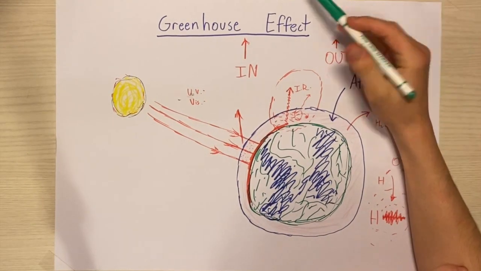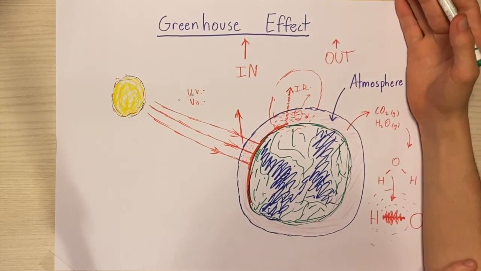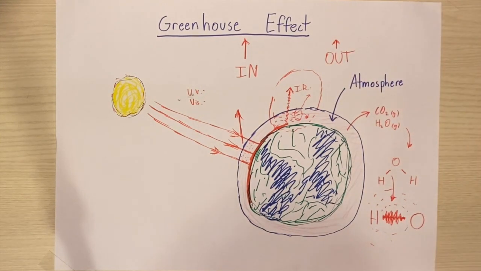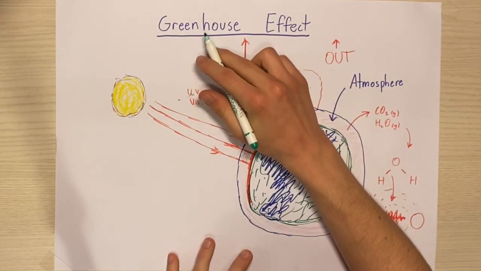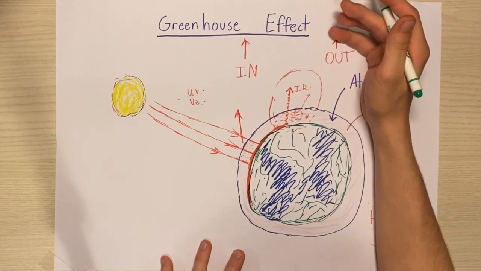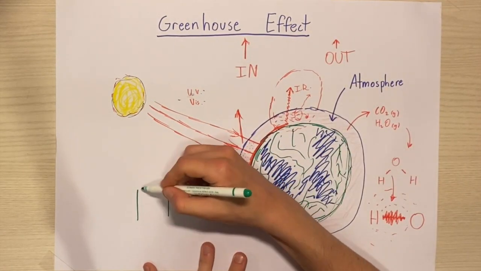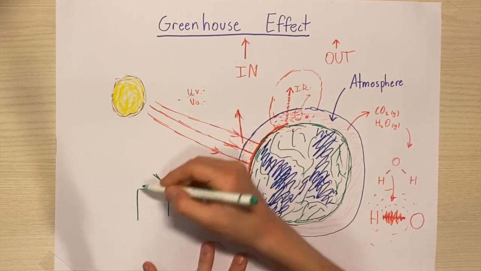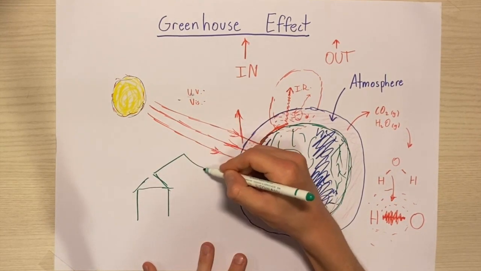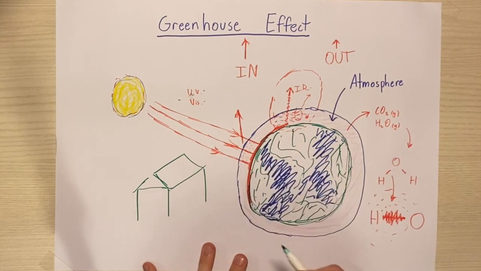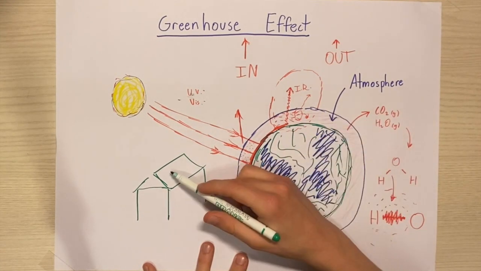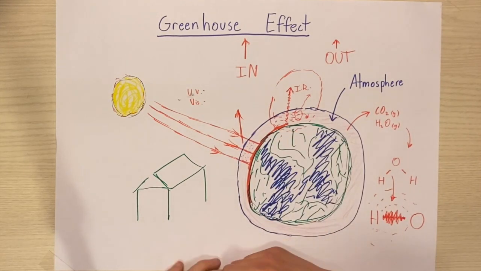One last thing to note about the greenhouse effect, and you don't need to know this for the IB, but it's interesting to know nonetheless, is the reason why it's named the greenhouse effect, of all things. Well, you may or may not know that a greenhouse is a facility or a structure where plants can grow, and because of that, they typically have roofs and walls made of glass.